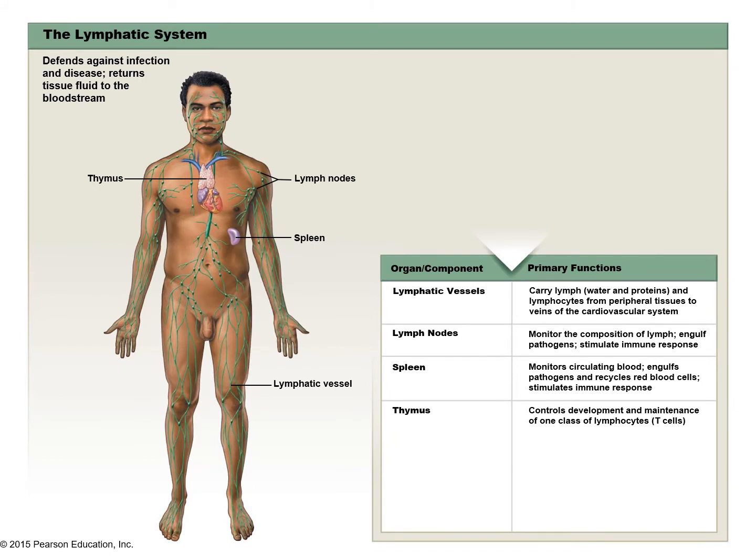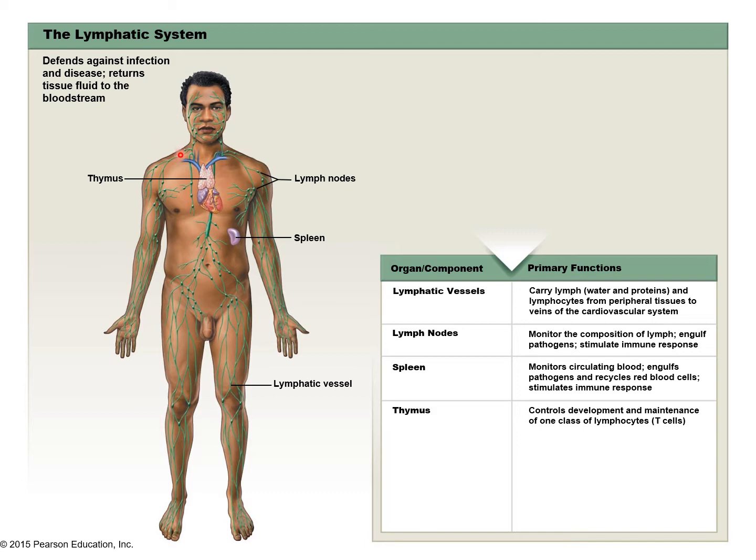Lymphatic system. It's actually a pretty important system that usually goes hand in hand with your immune system. You've probably heard about your lymph nodes, and you've probably heard about someone having swollen lymph nodes when they're sick.